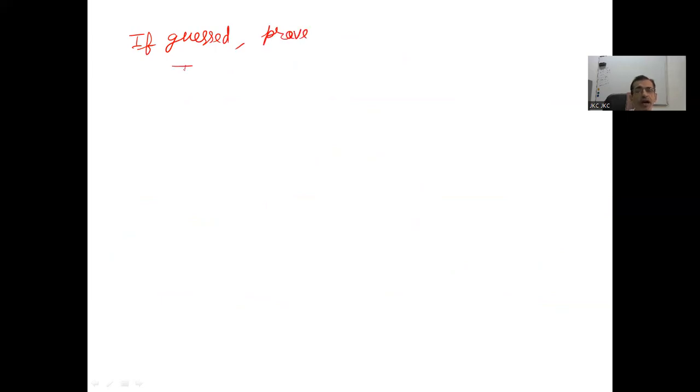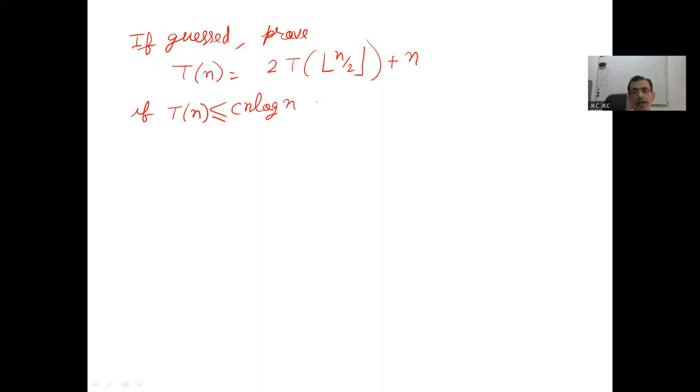So how will I do it? I said my T(n) is 2T floor of n by 2 plus n. If T(n) is guessed as less than or equal to C n log n, assume it is correct, C into n log n, guessed as this.